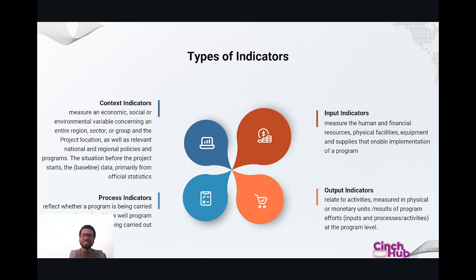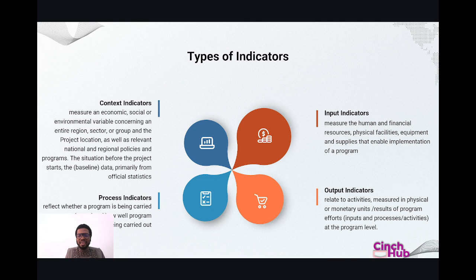So context indicators are those indicators. I remember a couple of times where we went to a community to do an intervention. I had my team and we had to develop some context indicators for us to be able to gather those baseline data. We were able to know, okay, this is the way waste is being managed in this location.